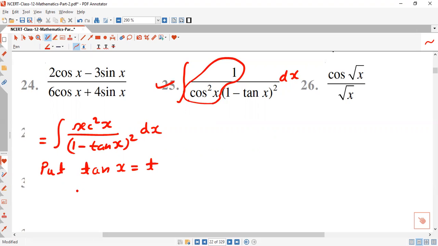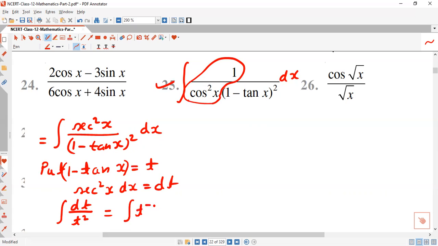So what are we getting? Sec square x dx equal to dt. So this integration becomes dt, and 1 minus tan x, we take 1 minus tan x equal to t, so you are getting the same thing. It will become t square. Simplify this one: we are getting t raised to minus 2 dt.